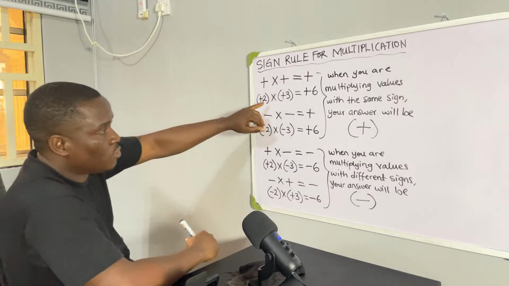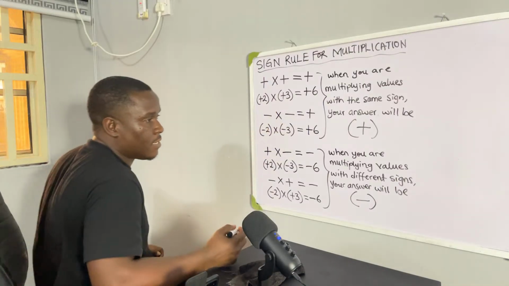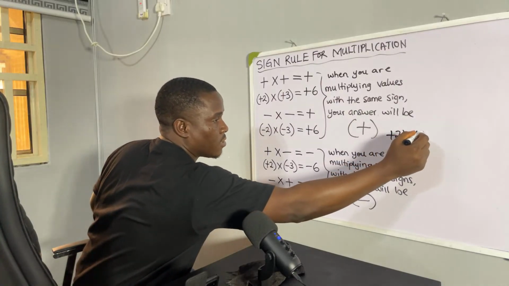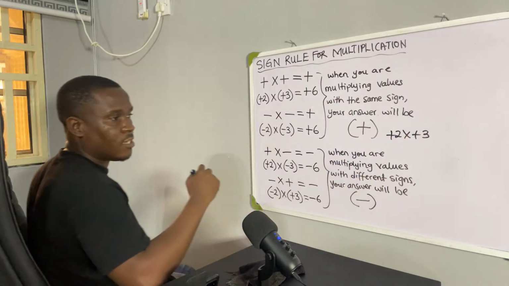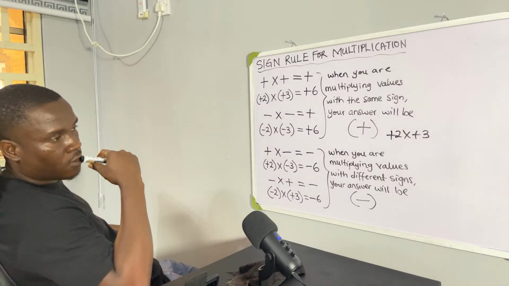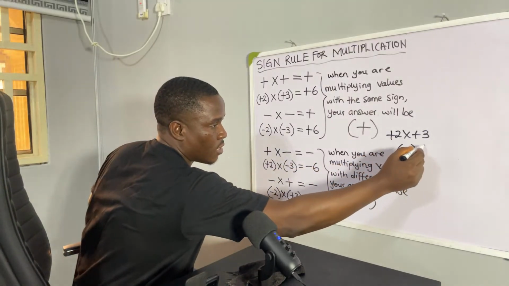So the bracket is multiplication, but the reason I separated them like this, if I end up writing plus 2 times plus 3, it might look a little bit confusing. But I could have also written it as plus 2 and plus 3.